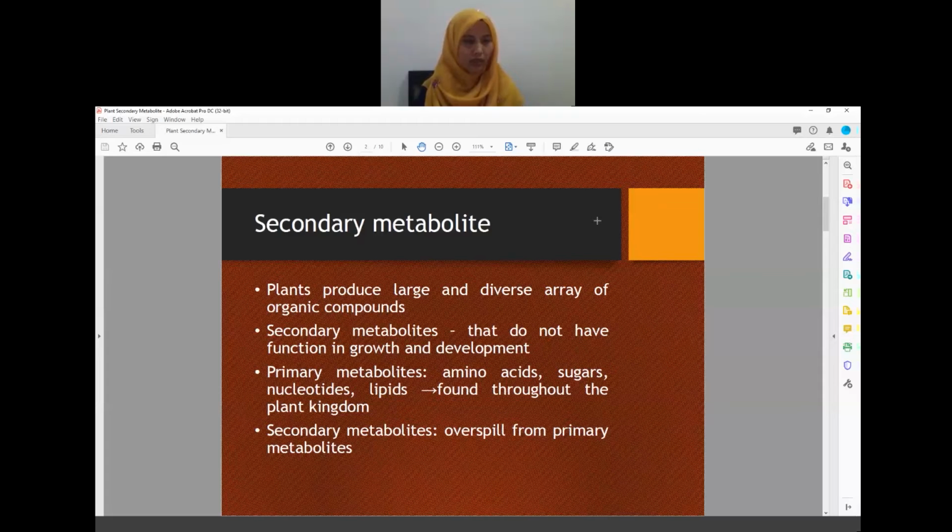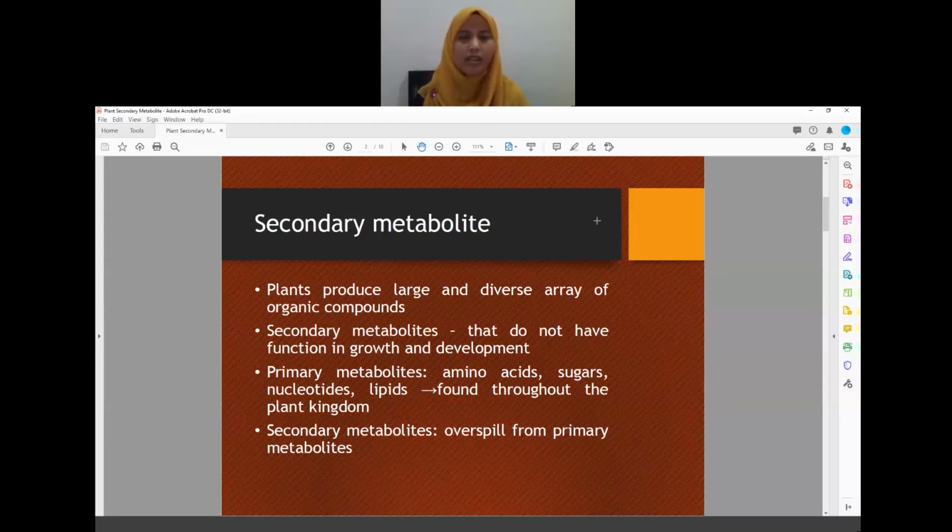I have to say a little bit of history on secondary metabolites. The term secondary metabolites was first introduced by a German biochemist named Albrecht Kossel in 1910. Later, if you have time, you can Google him. He won a Nobel Prize.